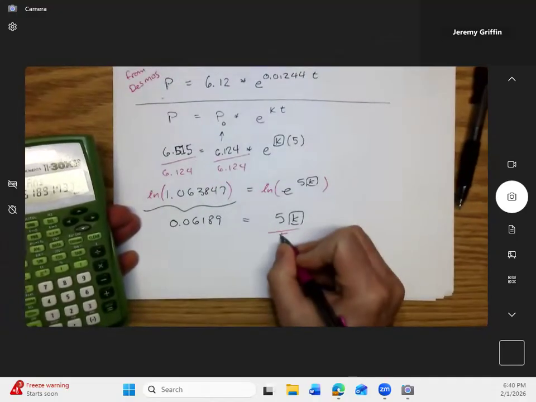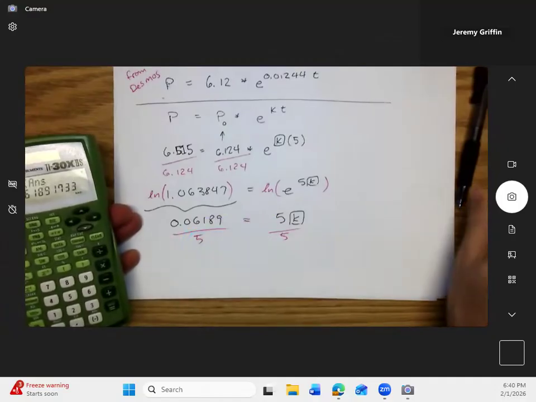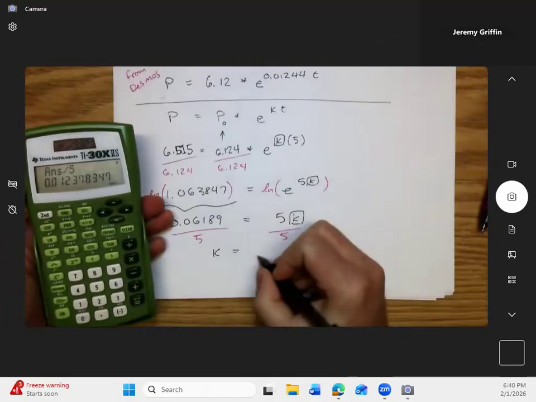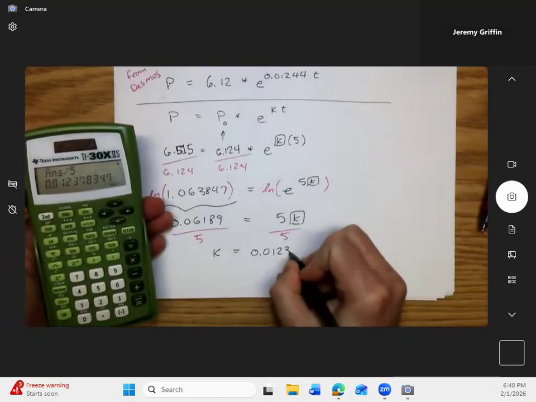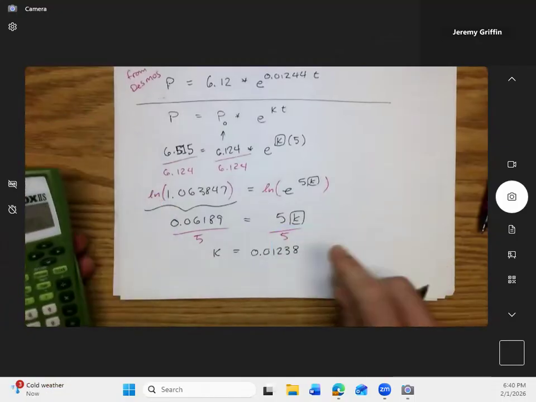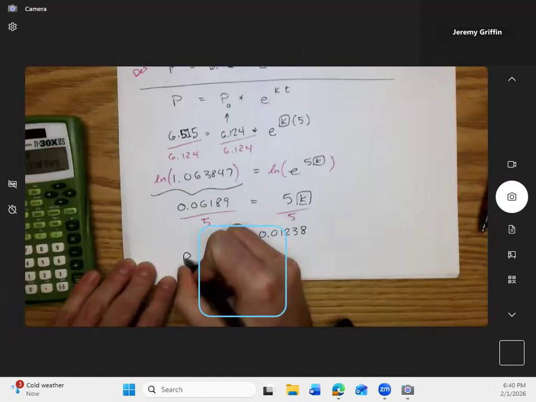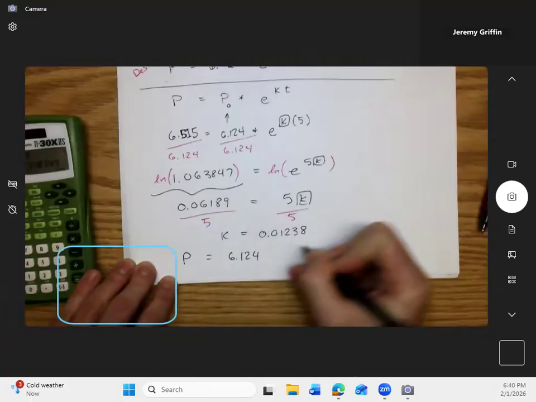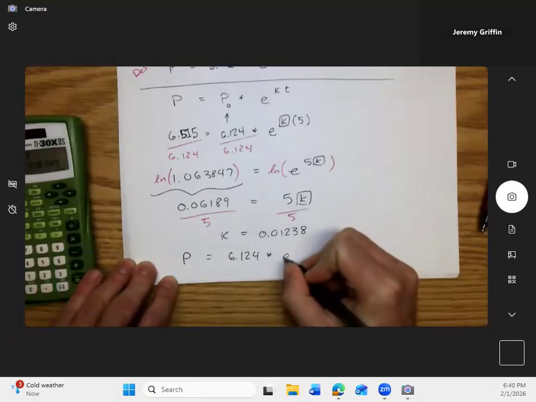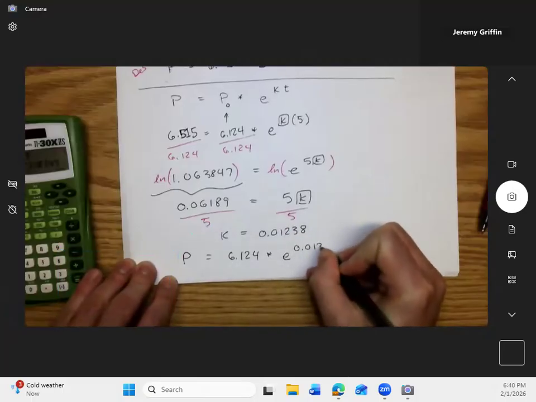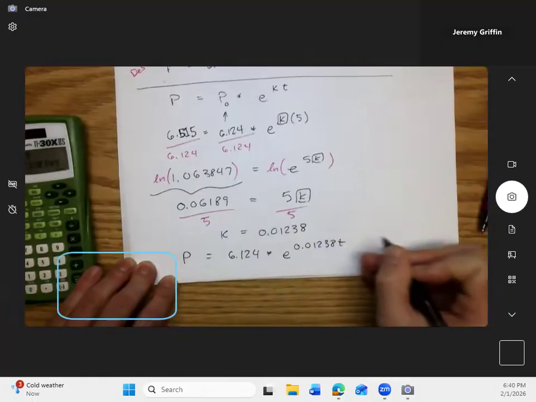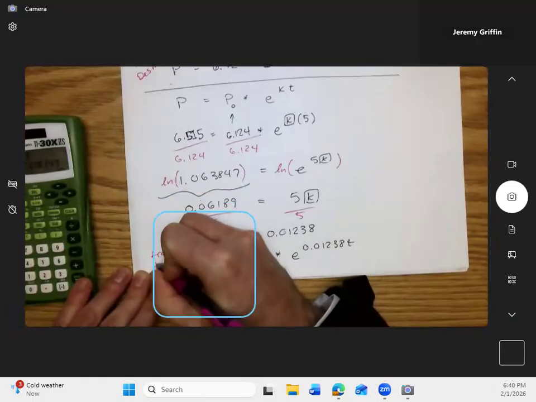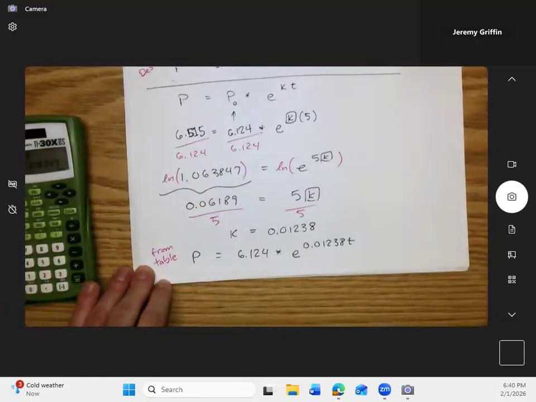Divide both sides by 5. Then k is 0.01238. So then the population is equal to 6.124, again billions of people, times e to the 0.01238 t. And I'll put from table, although I had to pick 2 points and make some simplifying assumptions.